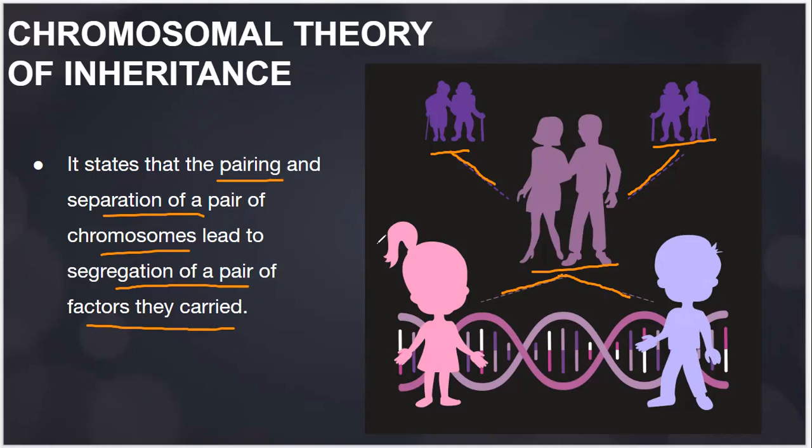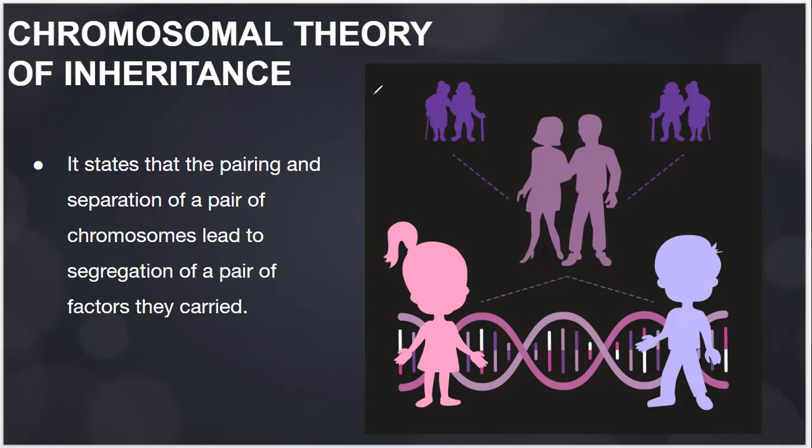So pairing, separation: this is how generation after generation is formed. Genes are getting transferred from one generation to another. Along with the transfer of genes, you will see certain similarities and certain differences. So similarities and differences will come hand in hand.